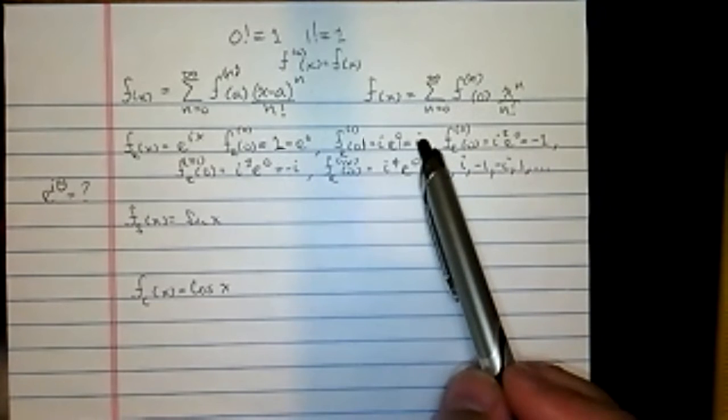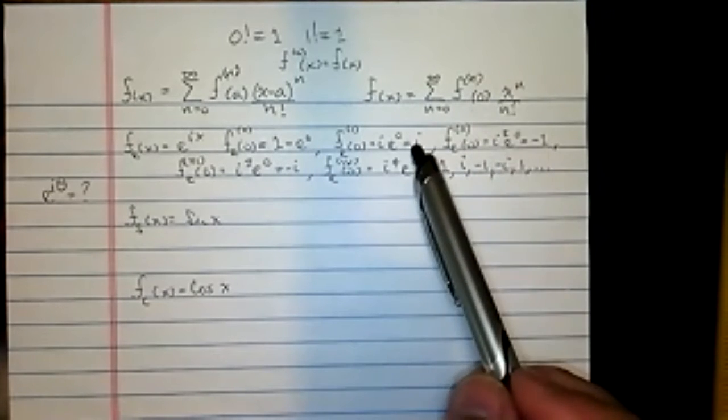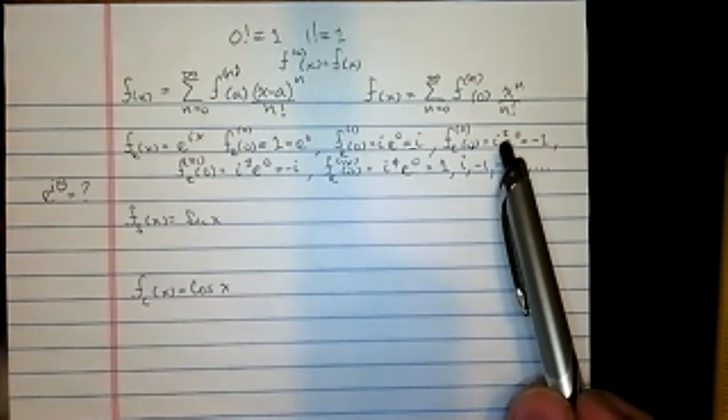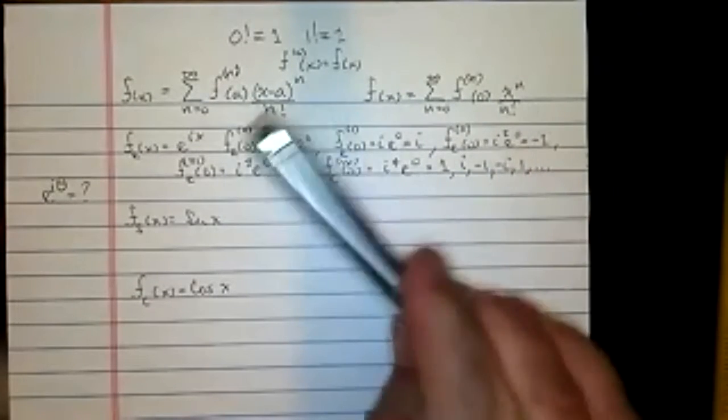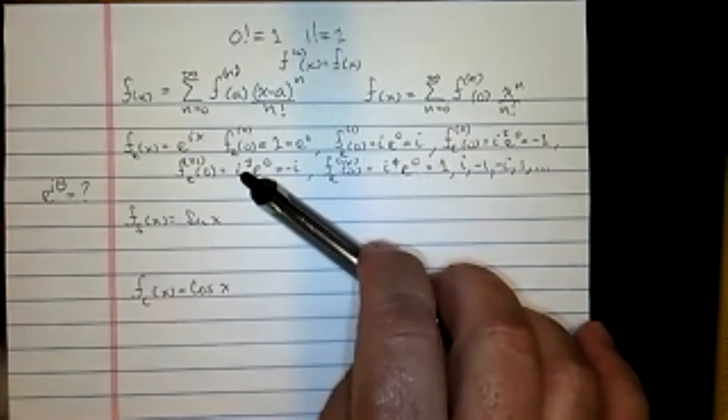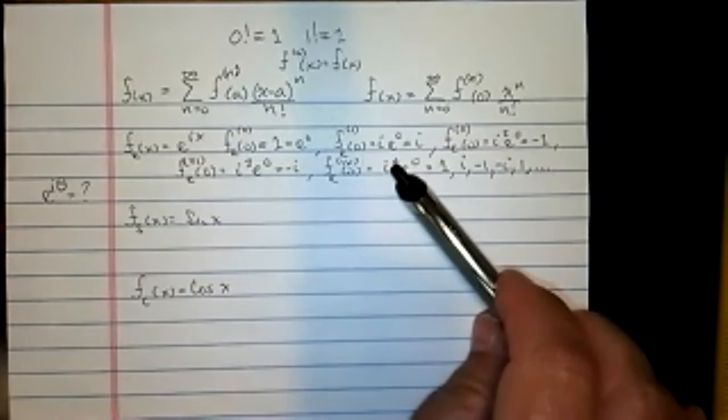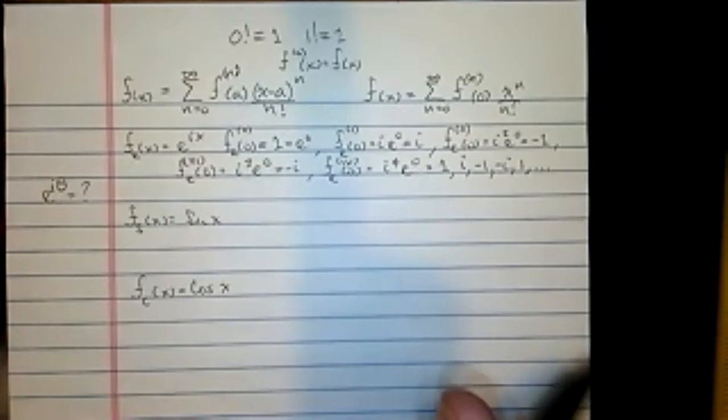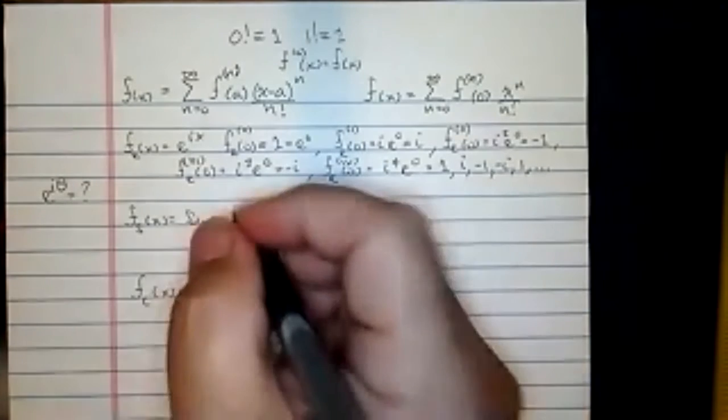The first derivative would be i to the 1 power, which is the same thing the x is raised to. The second derivative is i squared, which is the same thing x is raised to the power of. i cubed is the third, i fourth is the fifth, so on and so forth.